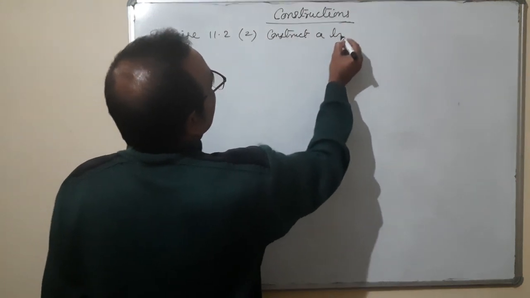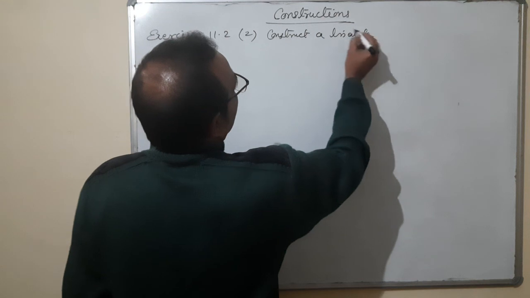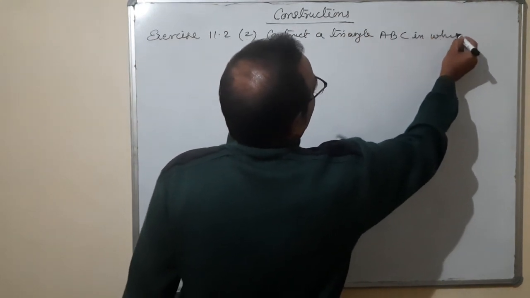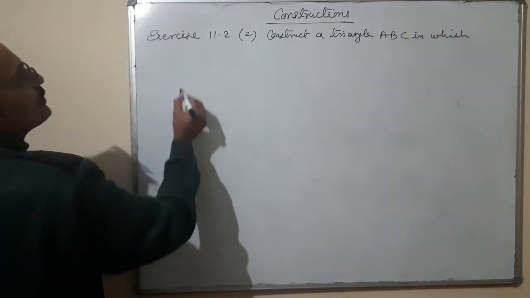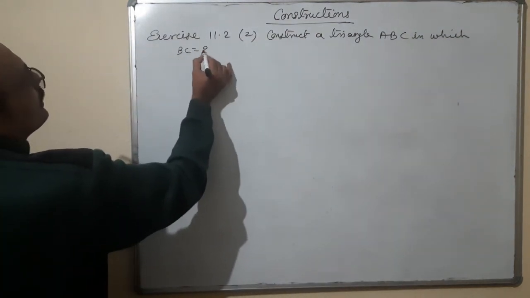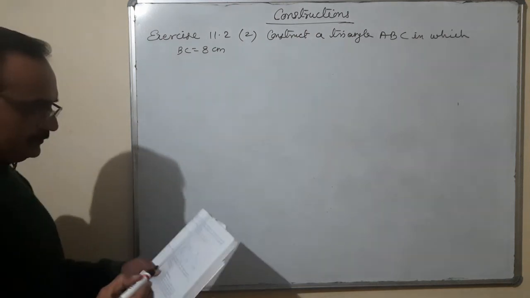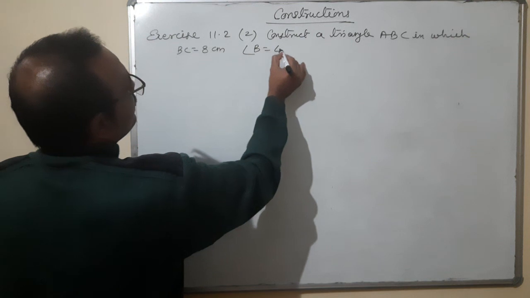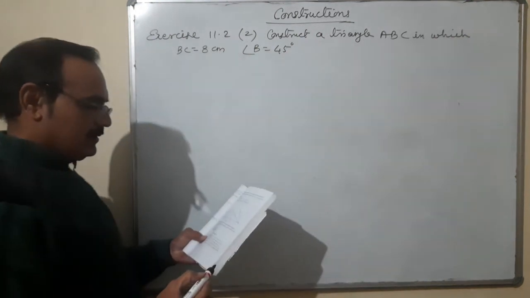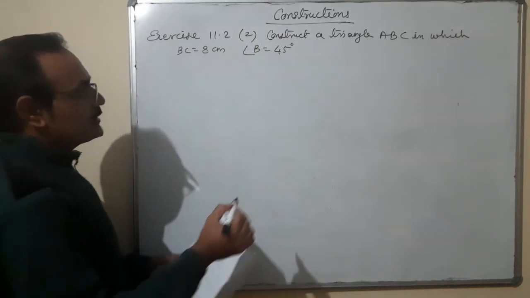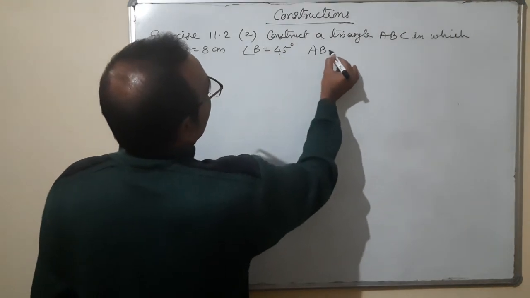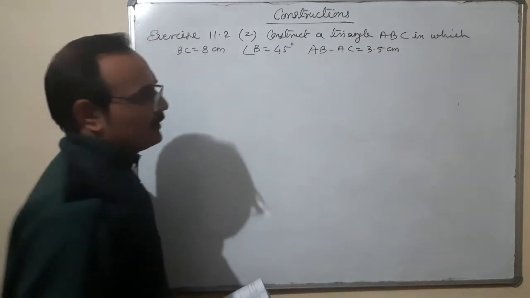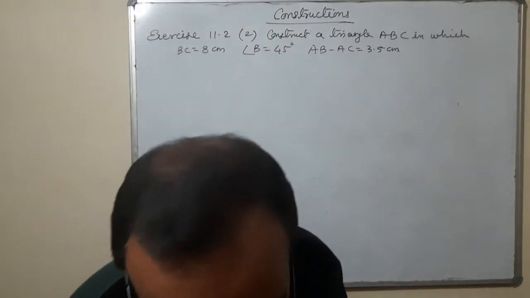Construct a triangle ABC in which BC is equal to 8 centimeter, angle B is equal to 45 degree, and AB minus AC is equal to 3.5 centimeter.